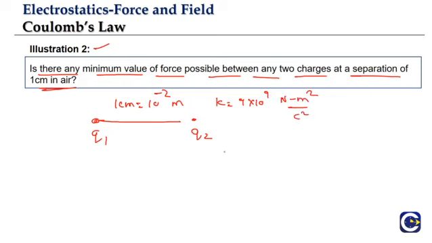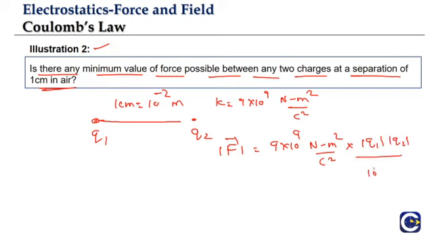Now we need to look at the force between the two charges. So force value will be 9 into 10 power 9 Newton meter square by Coulomb square into mod Q1 into mod Q2 by R square. So it will be 10 power minus 2 meter the whole square. Now we need to comment, is there any minimum value of force possible?